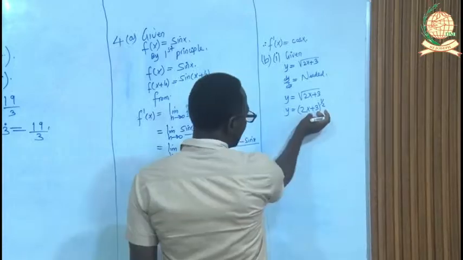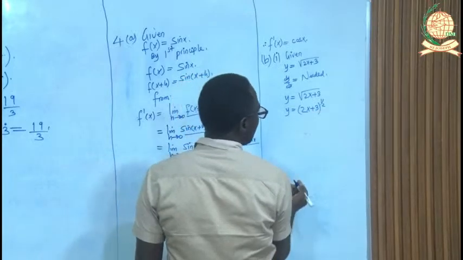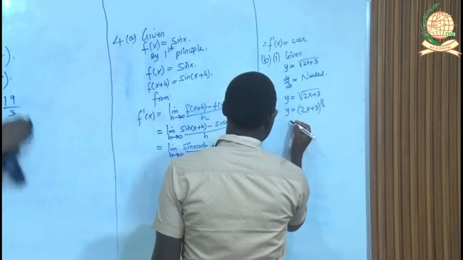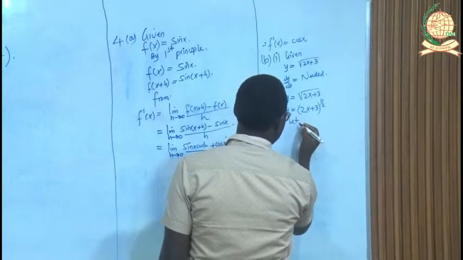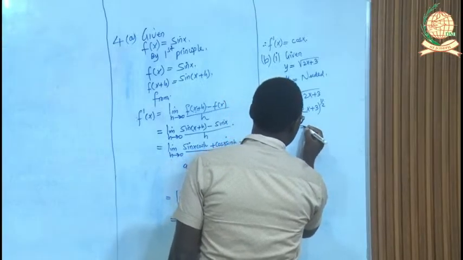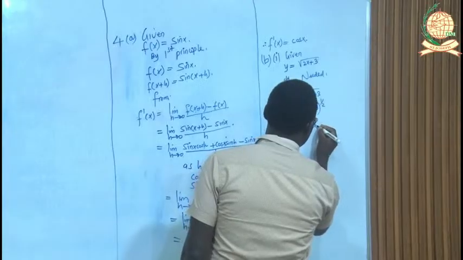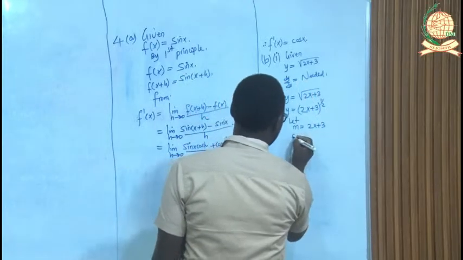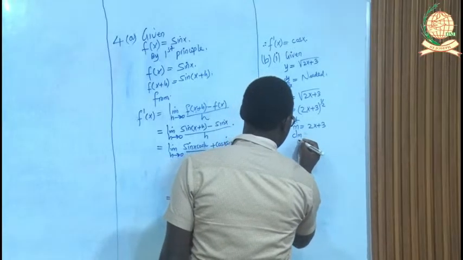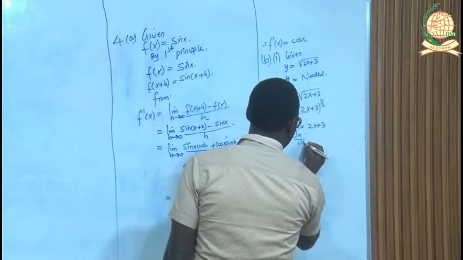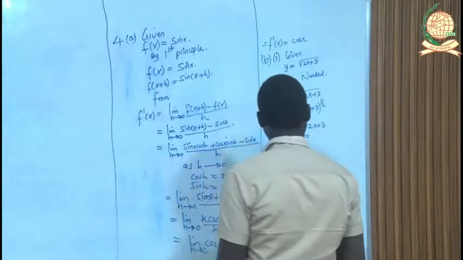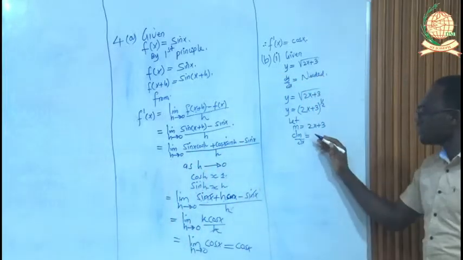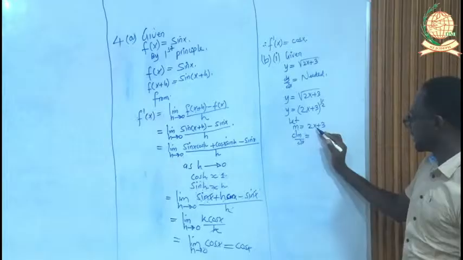So we let this function 2x plus 3 be m, so m equals 2x plus 3. Differentiate m over x. This will be equal to 2, since 2 is a constant with the variable x.